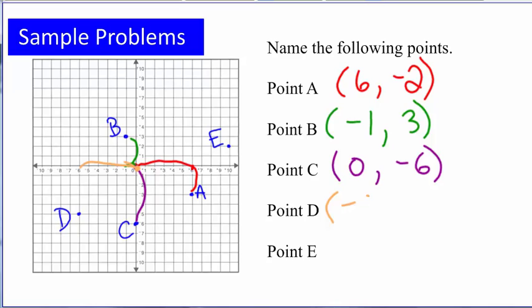So that's a -6. And then from here I'm moving 5 down. Since I'm moving down, that's a negative 5. And finally, point E, starting at the origin for point E, I move 10 to the right. That's a positive 10. And then from there, I'm moving up, which is also positive. I'm moving up 2, so it's positive 2.